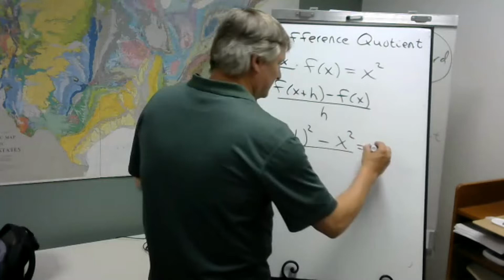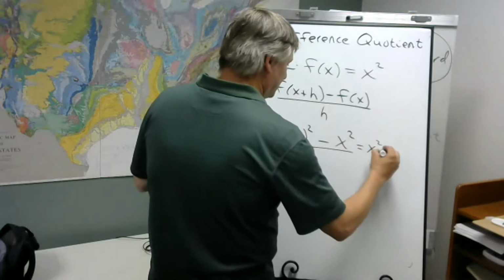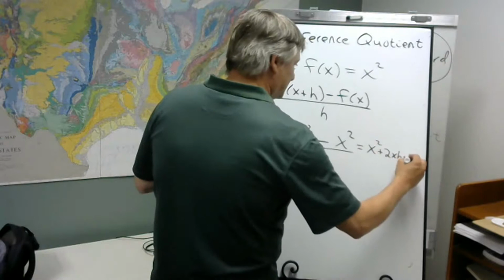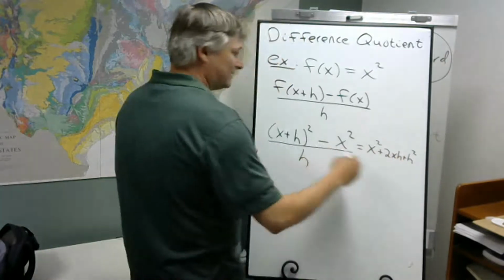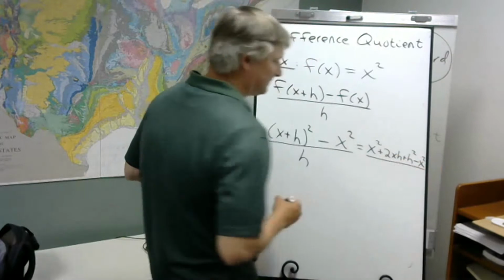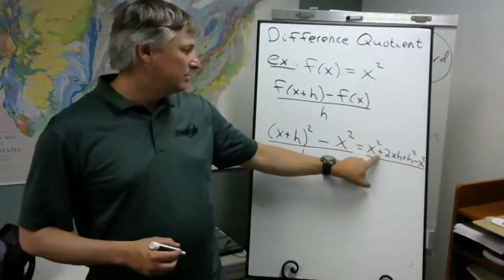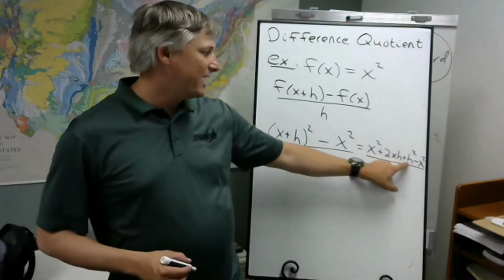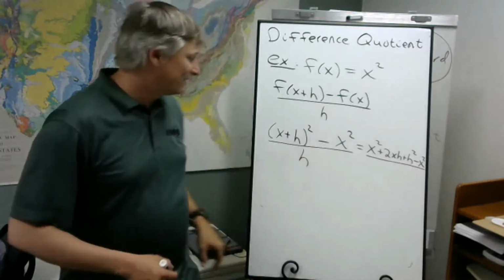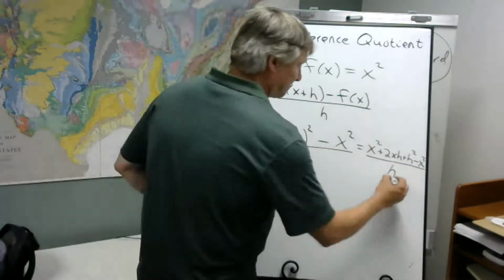FOIL this. x squared plus 2xh plus h squared, and then we have our minus x squared. So x squared plus 2xh plus h squared, and then we're still subtracting the x squared, divided by h.